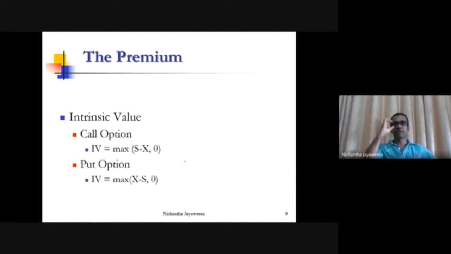So therefore we write the intrinsic value for a call option as the maximum of spot minus X, or 0. What is the reason?